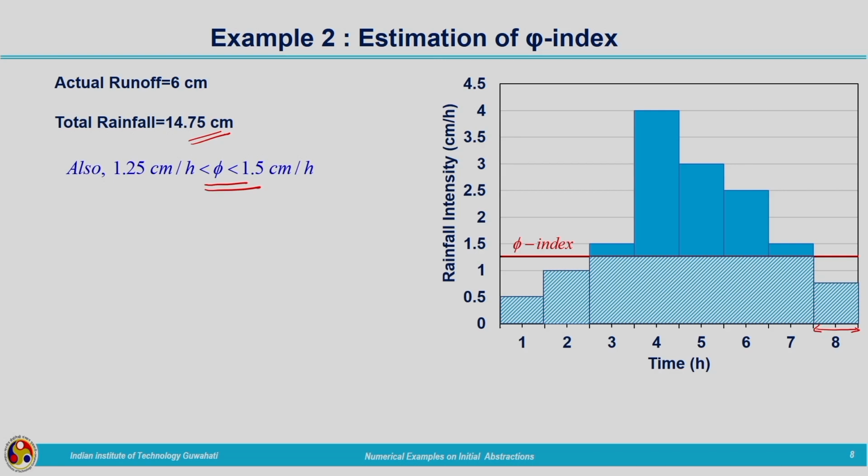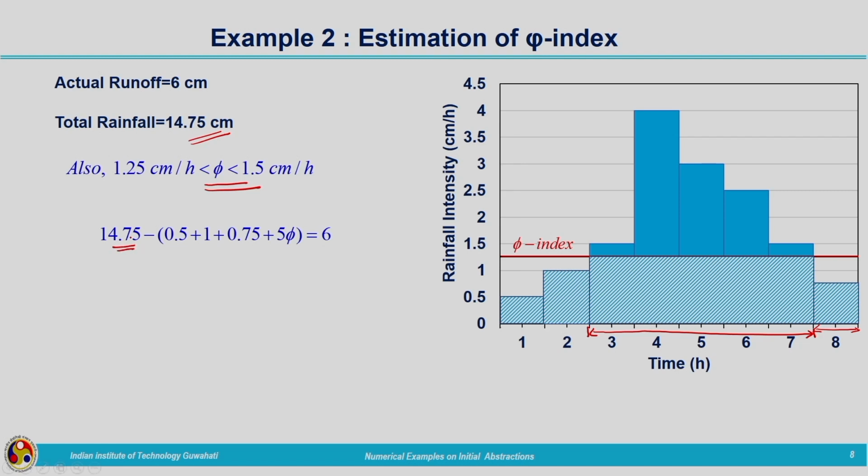But between 2 hours and 7 hours, we have a constant rate of abstraction represented by the phi index value. Once we deduct those abstractions in terms of phi from the total rainfall, we should get the runoff depth. That is what I am writing over here.